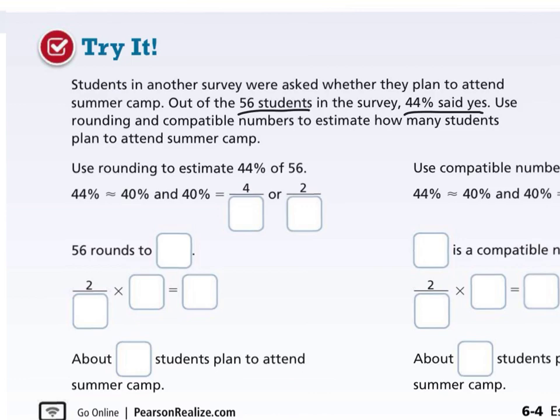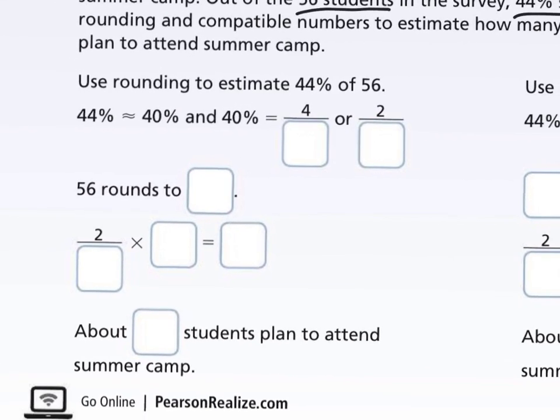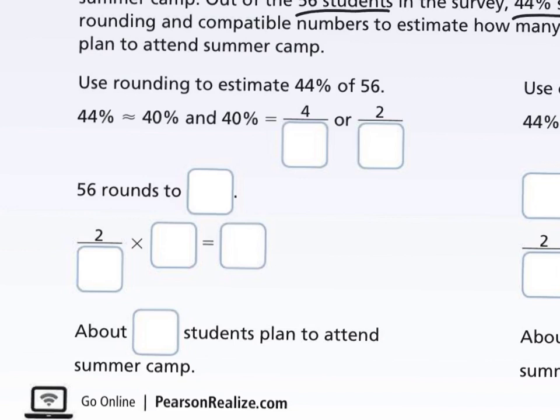So what they did here, 44%, they're saying is about 40%. So if we round the 56 to 60, kind of what we're looking at is 40% of 60. Again, if you wanted to, you could do a proportion. You could say it's 40 out of 100.